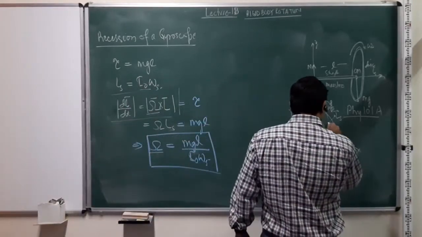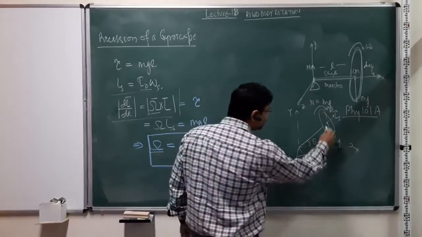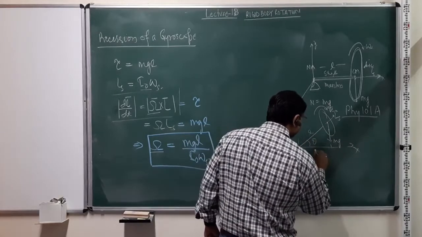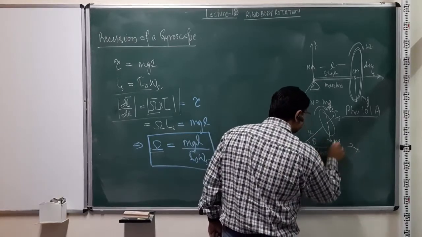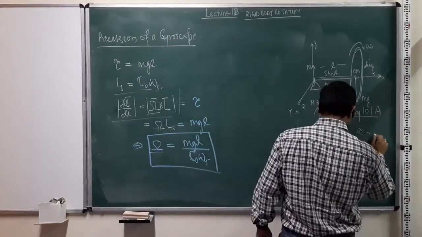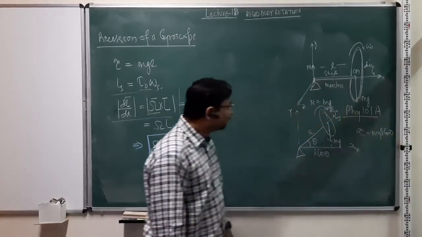The simple reason is that now mg is acting this way, and the torque on this system, if this length is L, then this is L cos theta. So the torque is basically mgL cos theta, right?